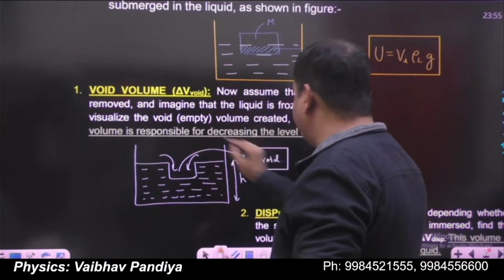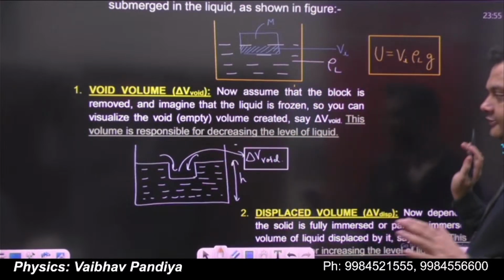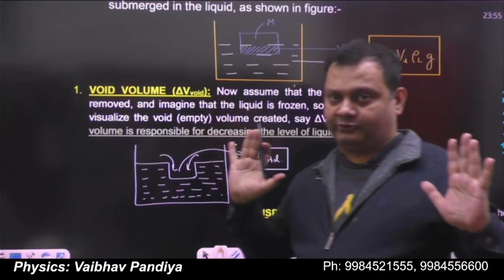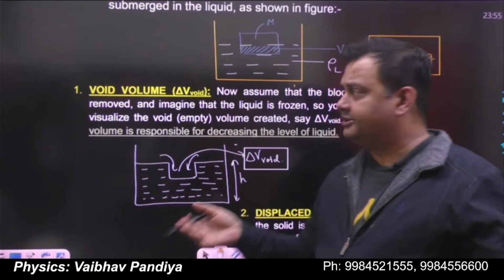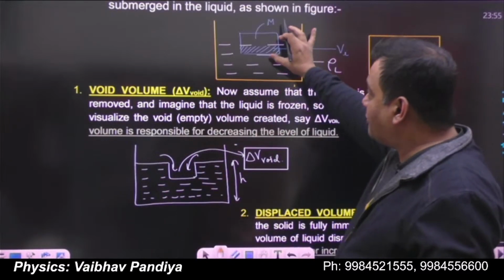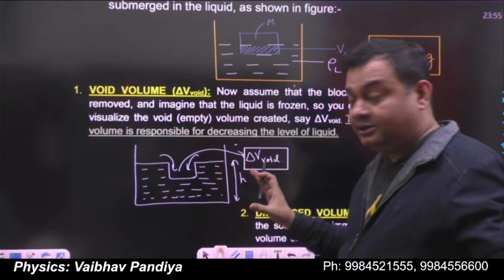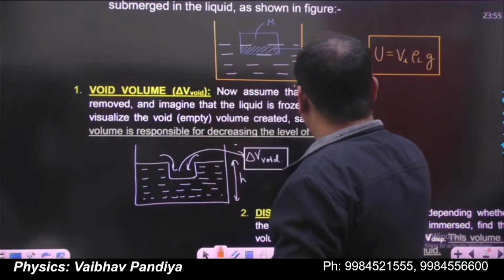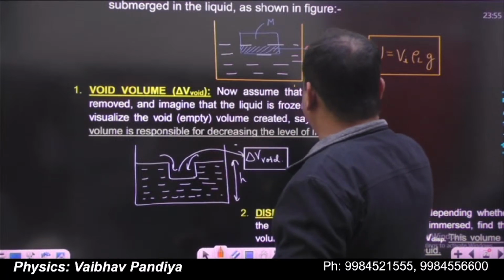So this volume is responsible for decreasing the level of the liquid. It is very simple, common sense. If you simply remove this block and do nothing else, then the height of the liquid in the container will decrease.